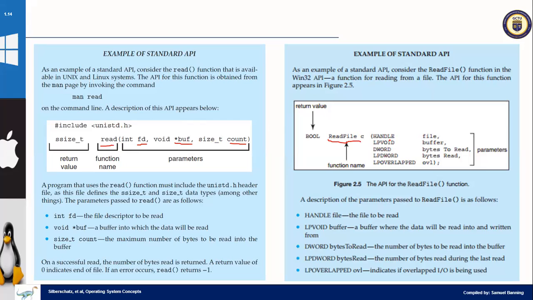In the Windows environment, for the same reading of a file, the parameters are the file, the buffer, the bytes to read, the bytes read, and the OVL, which is for overlap.